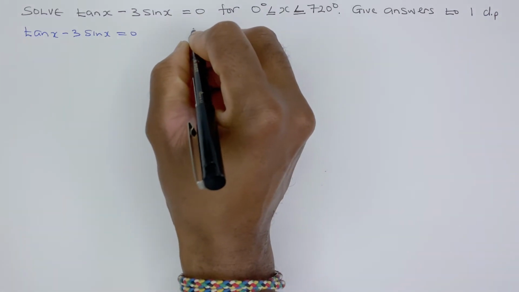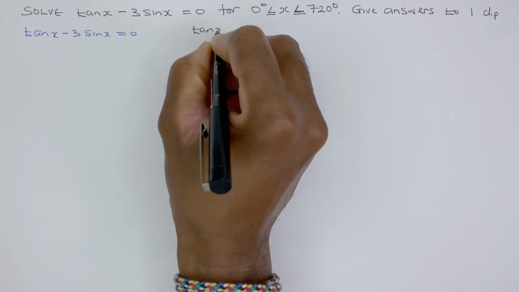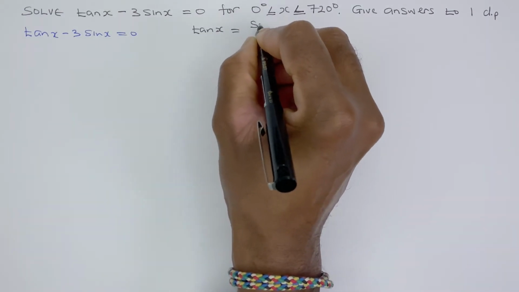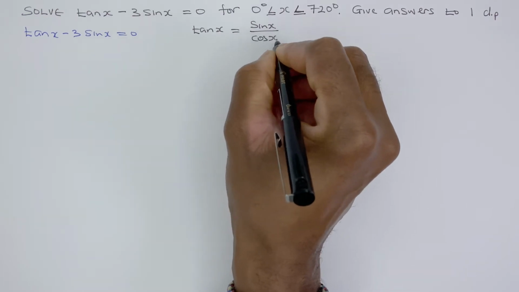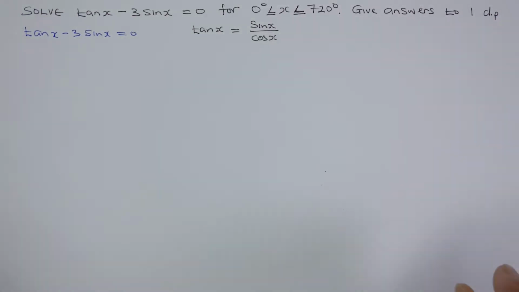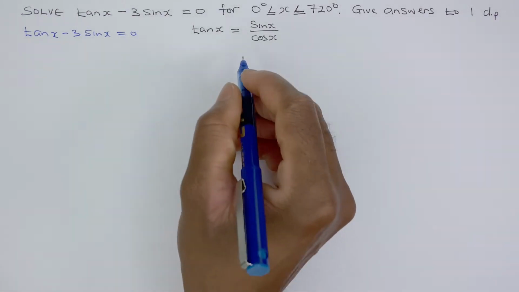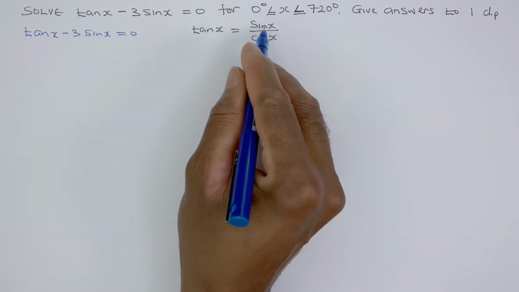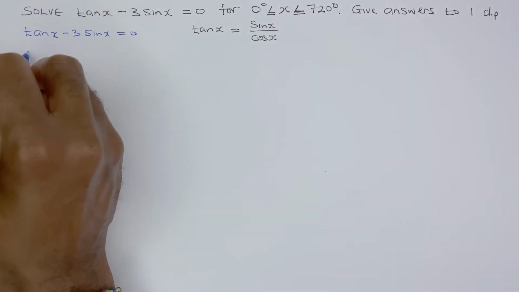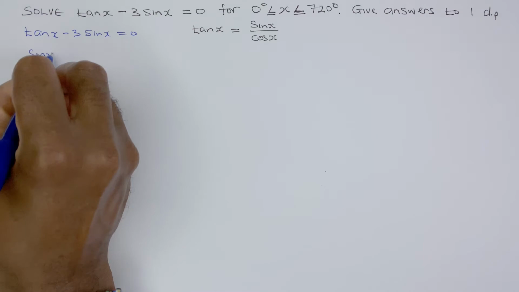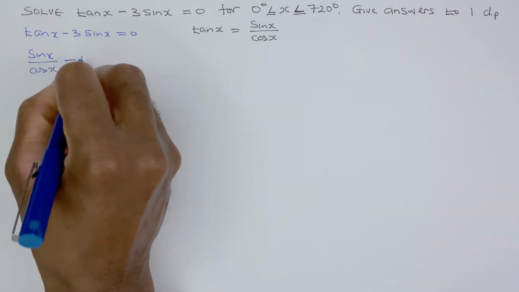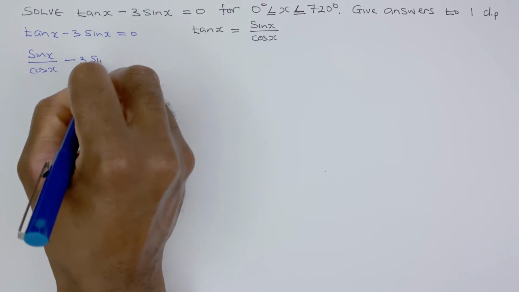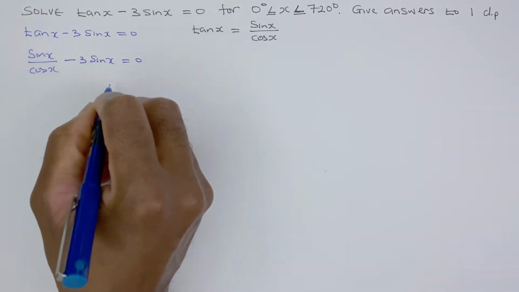But we know that tan x equals sin x over cos x. I'm going to replace tan x with sin x over cos x. Sin x over cos x minus 3 sin x equal to 0.